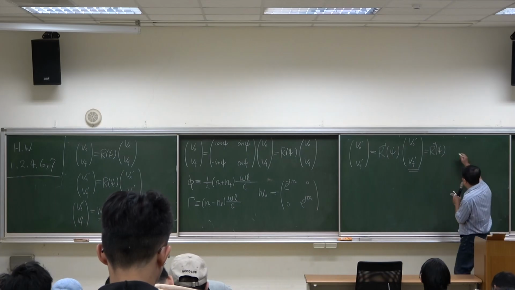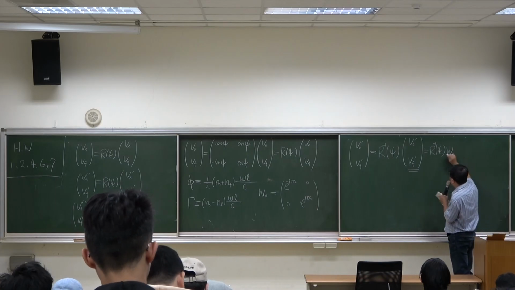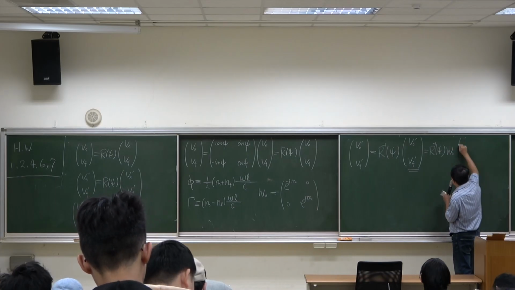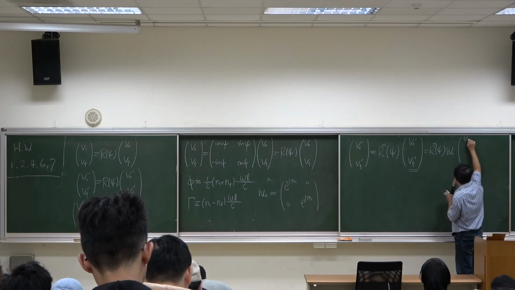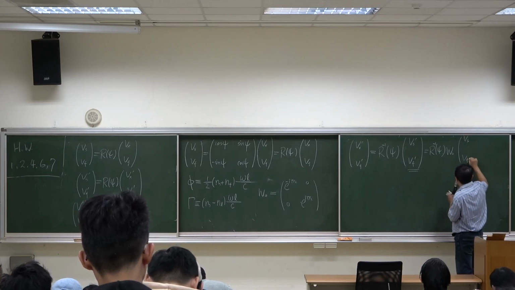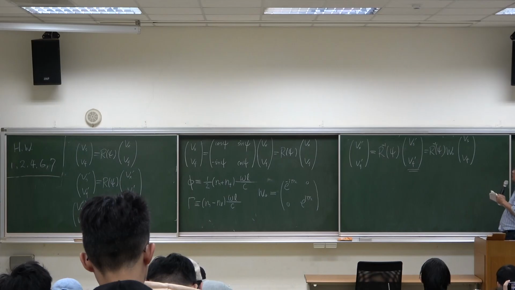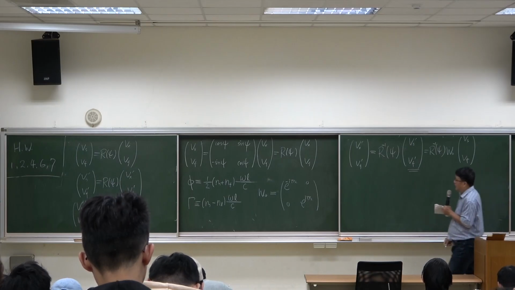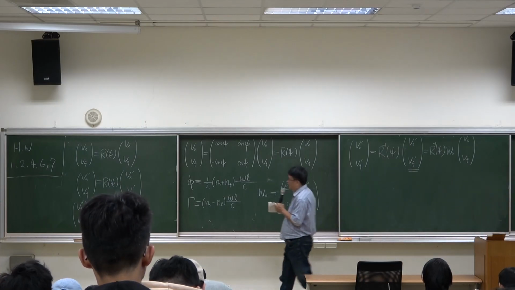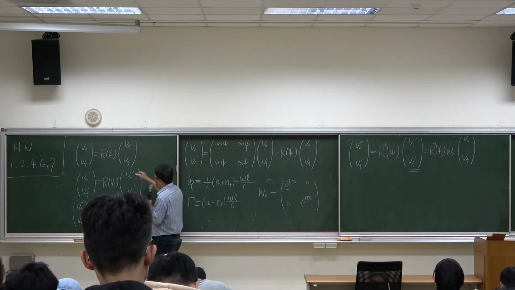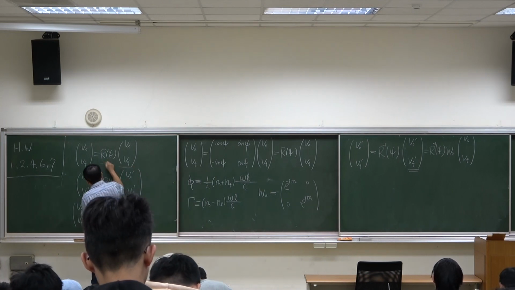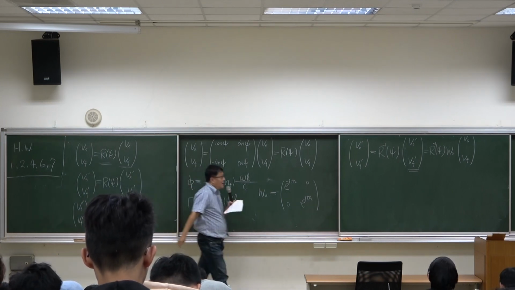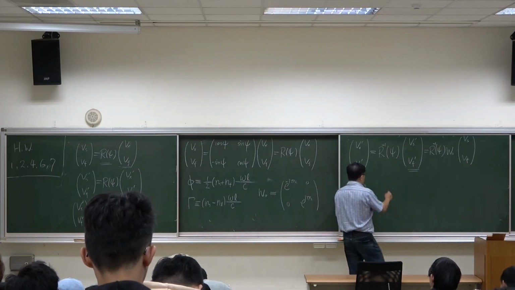Okay, so this can be written as W0 times Vs, Vf. Okay, and Vs, Vf is related to Vx, Vy by R psi matrix.